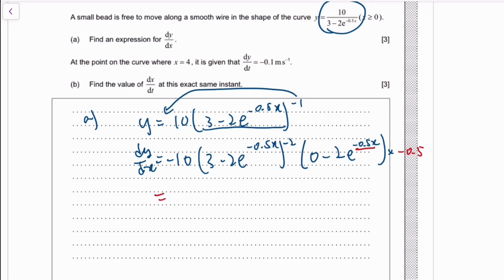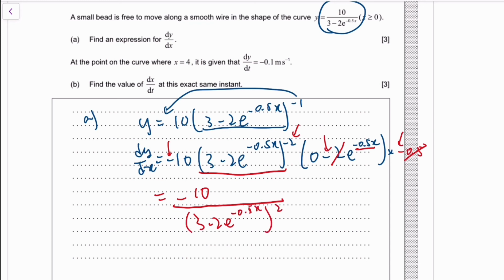So this negative and this negative cancel out, so we still have a negative, so negative 0.5 and 2 would cancel out. So overall we have 10, over this thing to the power of negative 2, so that's over to the power of 2, times this, 10e^(-0.5x).